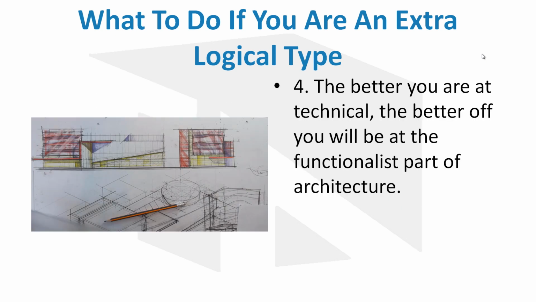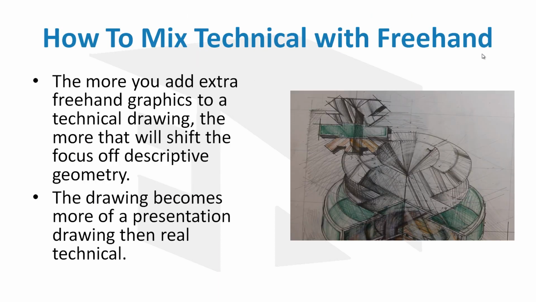And the better you get at technical, obviously the better you get at the functionalist part of architecture, which is all good. Let's not forget, at the end of the day, it's all about mixing both the creative and the functional parts. So let's talk about how to mix technical with freehand.